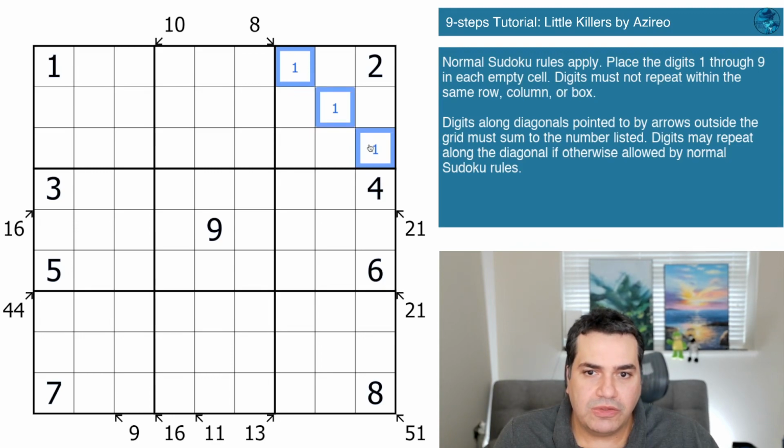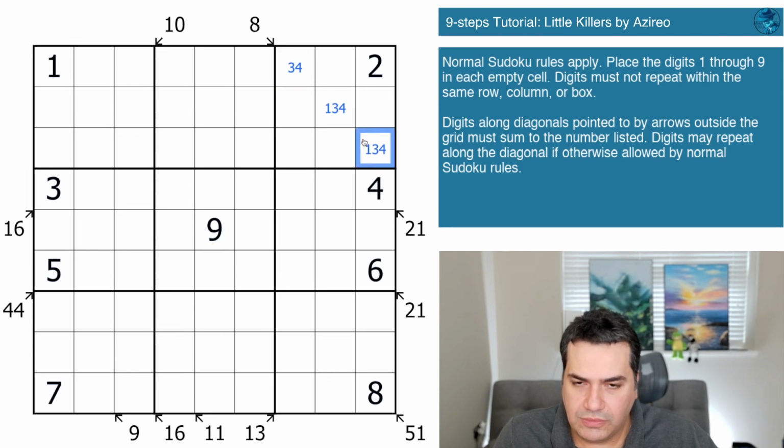Now, you need to make 7 with the remaining 2 cells in here, and there's only really going to be 2 ways of doing that. Given the 1 is gone, 1 and 7 is not an option. You've got 2 and 5, but 2 is gone, and then the other option is 3 and 4. So this is actually entirely fixed today, and you have to place 1, 3, and 4 in these 3 positions.